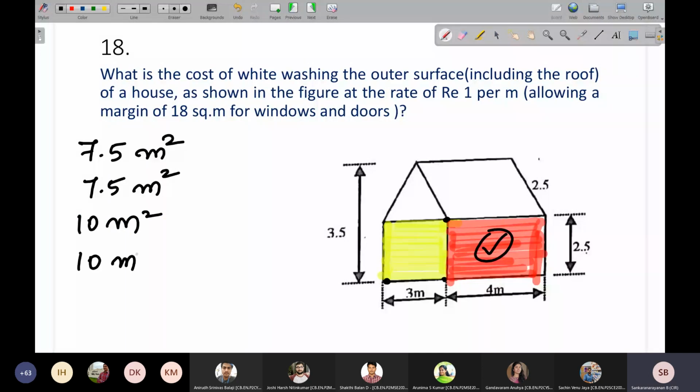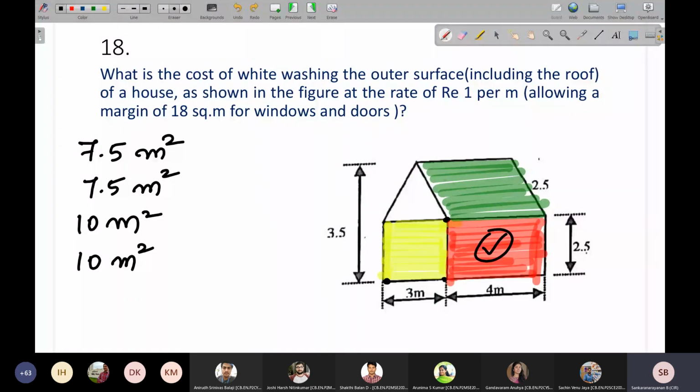Now I want you all to focus on this roof. Don't mistake that this is a parallelogram. This is actually the side view. So you can see that this is nothing but a rectangle. Don't you agree with me? What you see here is actually a rectangle. So can you tell me what is the area of this rectangle, the roof?